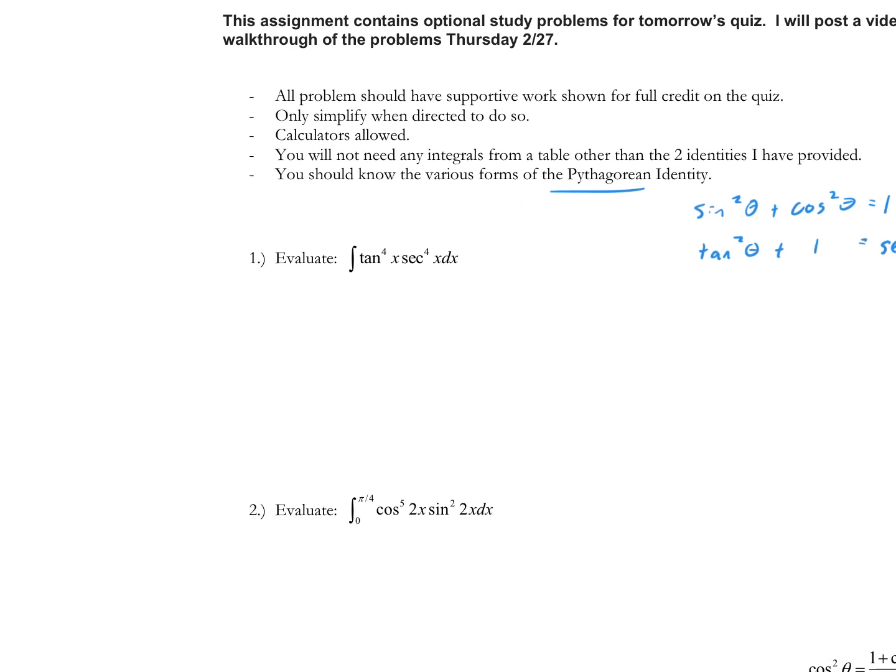Now, when you look at number one, and for each of these, feel free to pause the video, think about what the substitution is going to be first, and then come back and we can go over it. But you consider the two substitutions. You can set u equal to the tangent of theta or u equal to the secant of theta, and then du is either secant theta tan theta or secant squared theta.